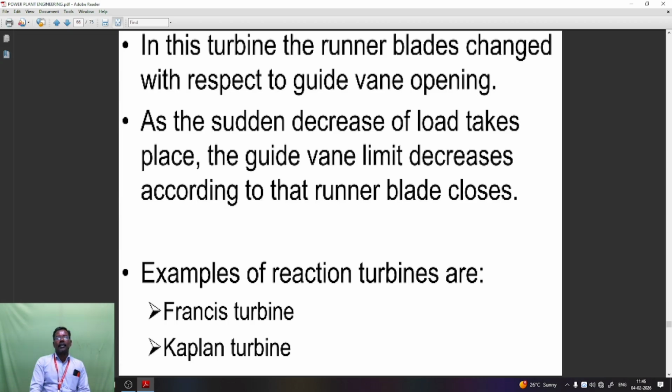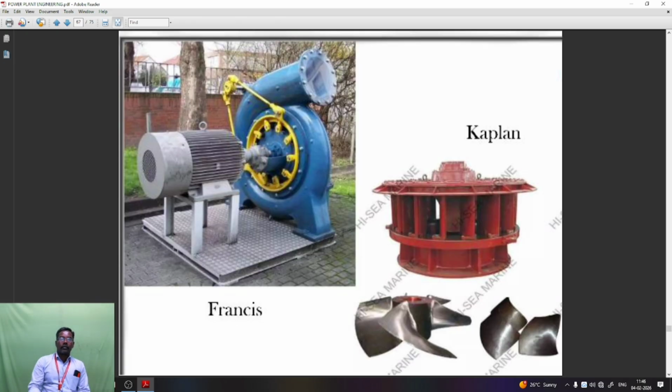As a sudden decrease of load takes place, the guide vane opening decreases. According to that, the runner blade closes. Examples of reaction turbines are Francis turbine and Kaplan turbine. This is Francis and Kaplan turbine.